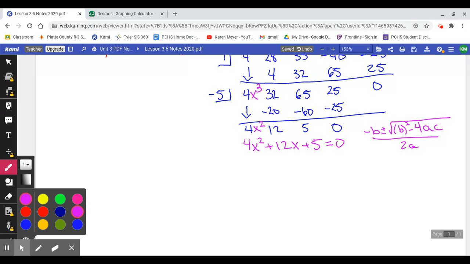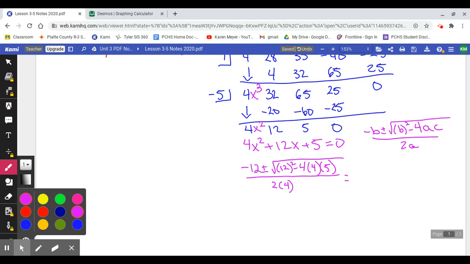So opposite of b would be -12 plus or minus the square root, and then we have regular b, which is 12 squared, minus 4 times a, which is 4, times c, which is 5, all over 2 times a. So that would be 2 times 4.